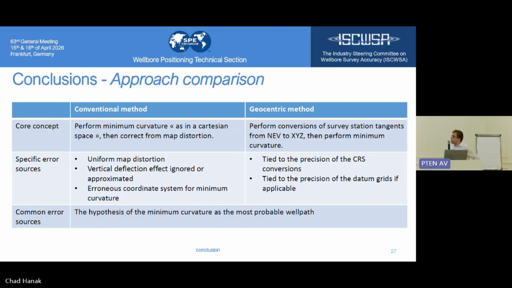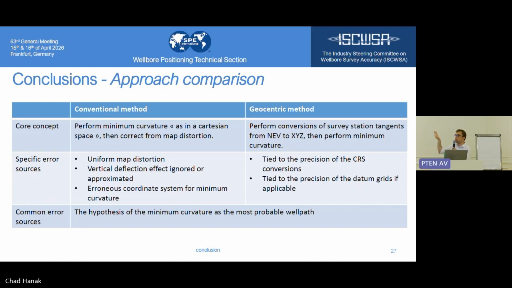So to compare both approaches, it's basically the same core concept in which we try to rebuild the trajectory based on survey stations and minimum curvature. But the shift is that we are applying it in a northing, easting, vertical reference system on the one hand, and on the other hand in an XYZ reference system.